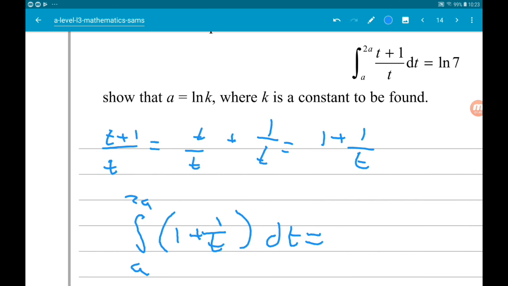Now that is going to give us t add log t between 2a and a.